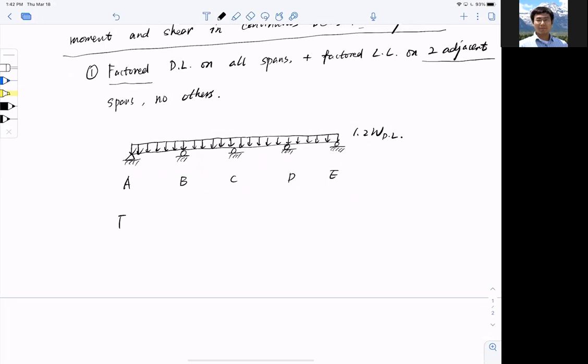Let me use a different color so you can see it. So for example, section B here, right? I'm trying to find the maximum bending moment at this one, the design bending moment. So what I will do is provide 1.6 live load on the adjacent span.